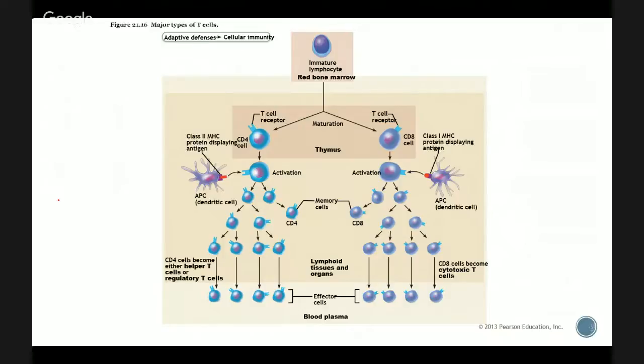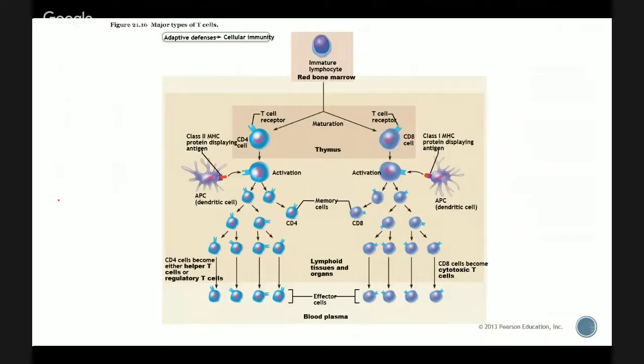So the CD4 responds to the class 2, or I should say binds to the class 2 MHC, whereas the CD8 binds to the class 1 MHC. So the CD4 cells that you see on the left side are usually going to become helper cells, and they're called helper cells because they don't do anything directly themselves, but they help activate other cells.